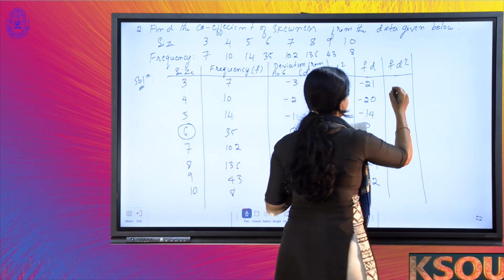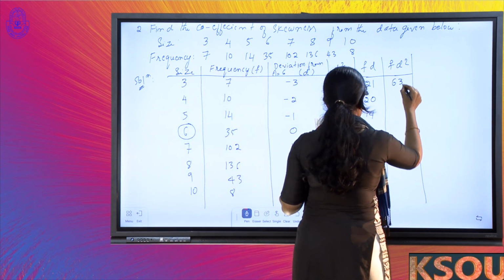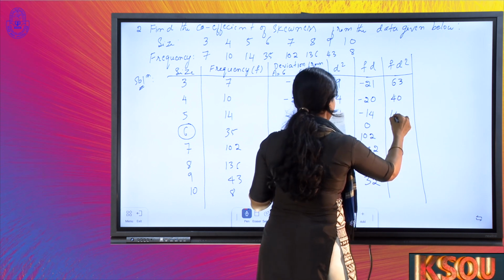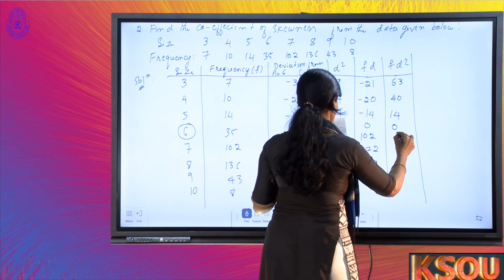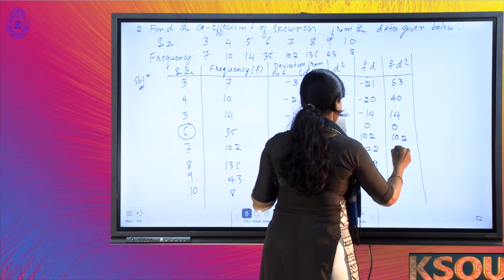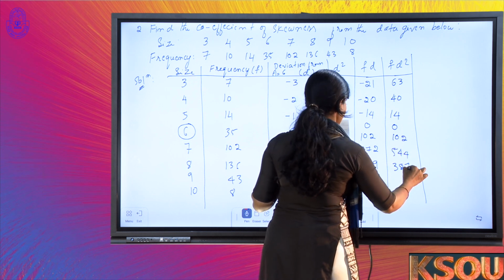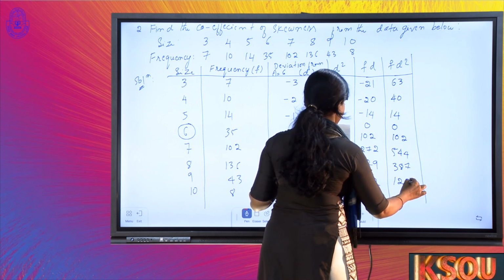You will be getting the values like 63, 40, 14, 0, 102, 544, 387, 128.